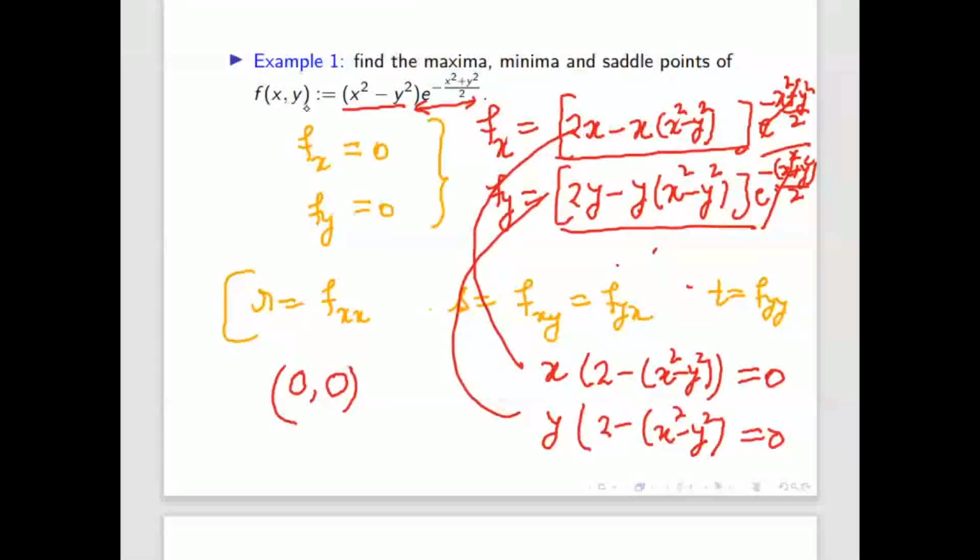Because the exponential function is not 0, we can divide by e to the power something, so the right hand side will become 0 only. From here there are two possibilities: either x is 0 or the bracket is 0. Similarly y is 0 or the bracket is 0. Now solve it and tell me the possible values of x and y.